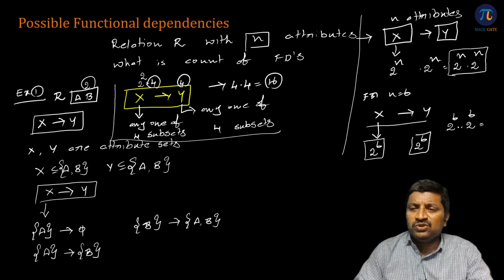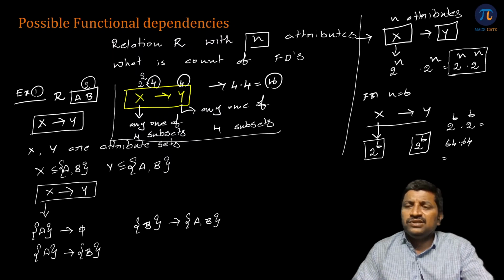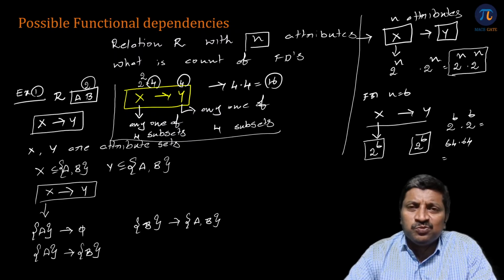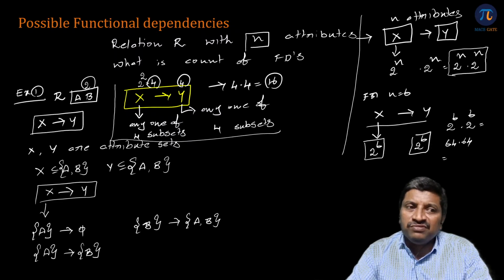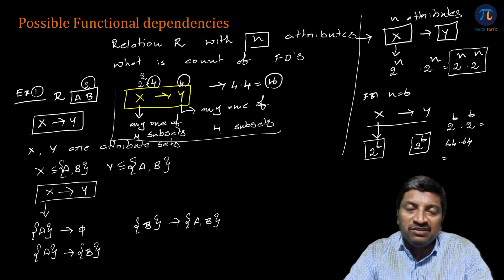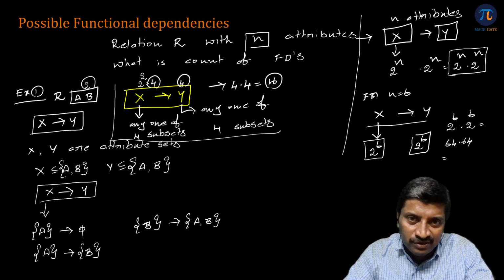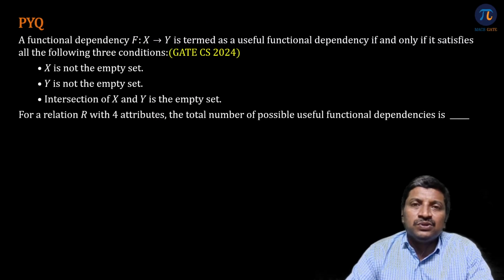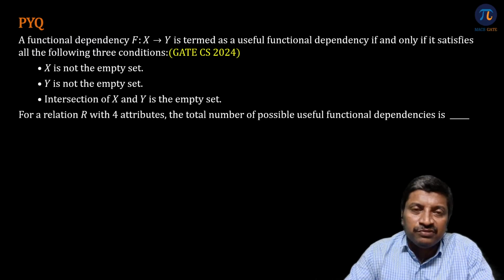So 2 power 6 means 2, 4, 8, 16, 32, 64. So 64 into 64. You can count the number, sir; I'm not writing it. Fine. So this is about possible functional dependencies. Out of these possible functional dependencies, some may hold on the given instance and some may not be satisfied. Hope you understood it. So this is one of the recent questions from the 2024 paper, sir.